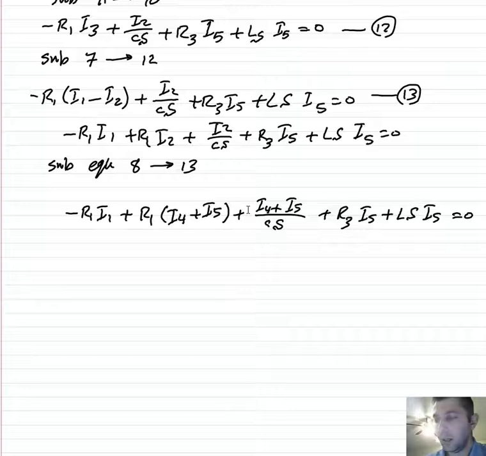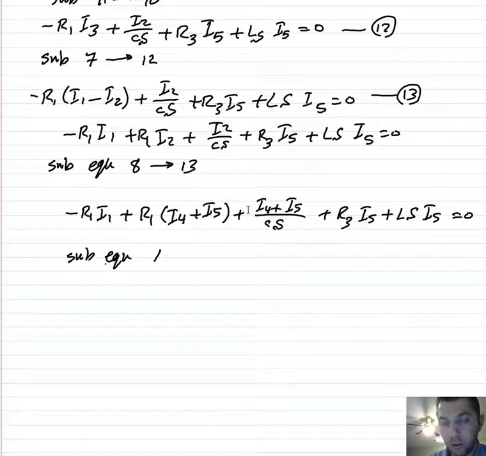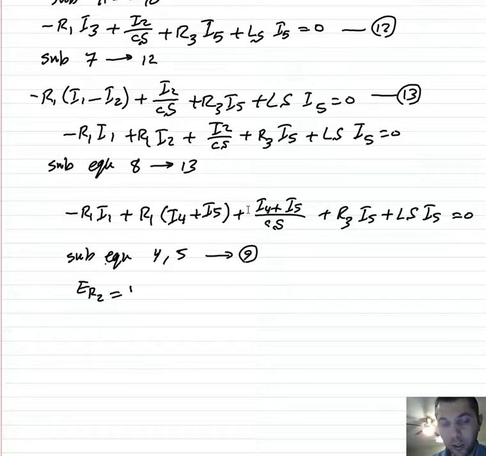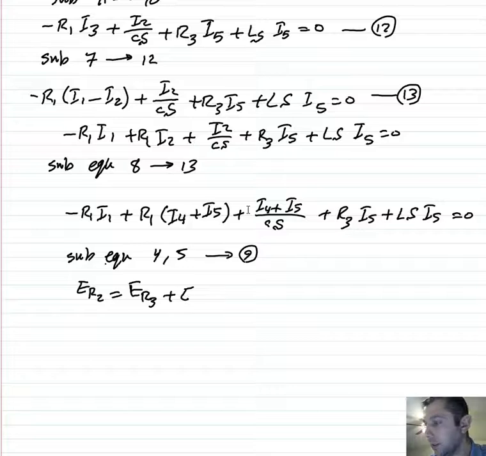Then we will substitute in this equation. So we have equation 9. We will substitute equations 4 and 5 into equation 9. So we have ER2 is equal to ER3 plus EL.